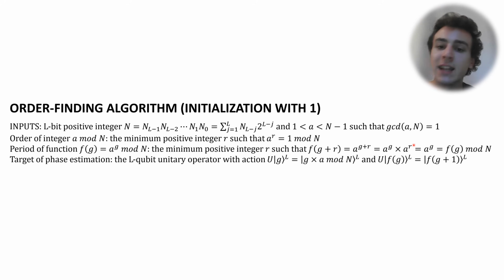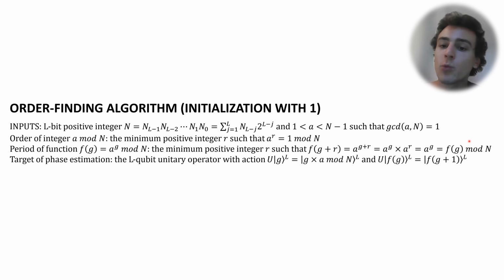But by definition, a to the power of r is equal to 1 from up here. That's because this r is the order of a mod n. So this a to the power of r is the same as the multiplicative identity. And we can just get rid of it because it's the identity. And then we're left with a to the power of g. And that is the definition of the function.